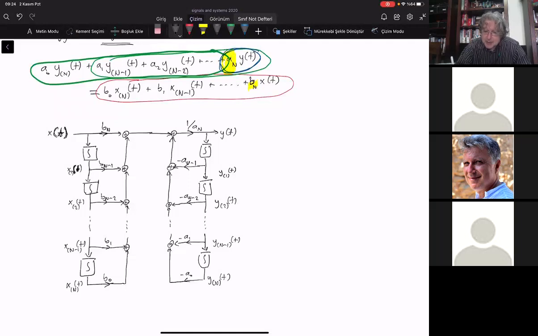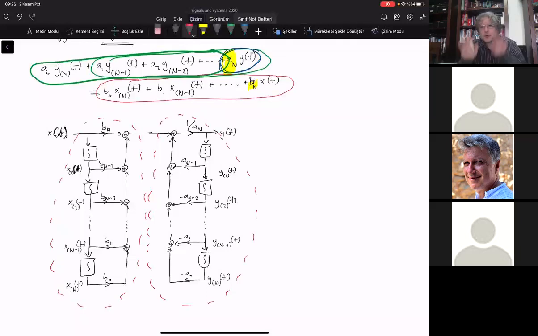Now the further problem is to minimize the number of integrators, just like the minimization of the number of delay elements. And for that, I will just replace the orders of this and this. There are 2 blocks here. I will just interchange their places.